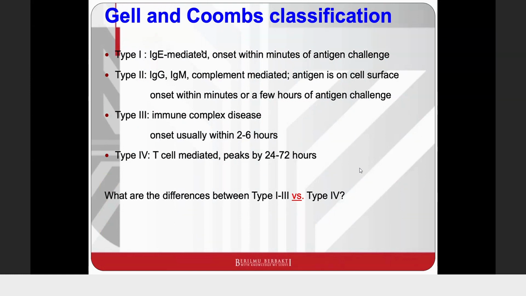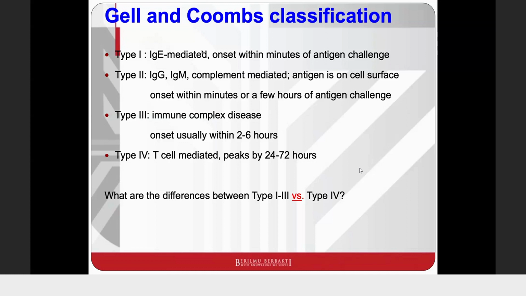So basically, we have the 4 types of hypersensitivity. As I mentioned last week, types 1, 2, and 3 are antibody mediated. Only type 1 is IgE mediated. Type 2 and type 3 are mediated by other Igs.